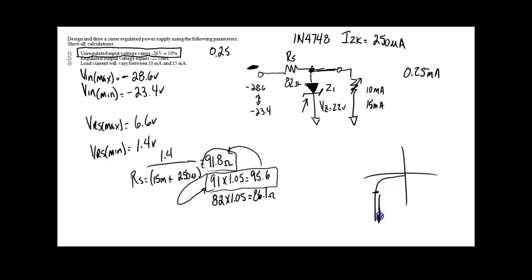If it's low, it's going to move it out of the knee anyway, right? So when we used 91, which was the next one in the chart, we came up with 95.6 ohms. It cannot be larger than that, so we went down to the next standard value, which was 82 ohms. We checked the tolerance on that. It came up to be 86. It was less than that, so that's what we're going to use.